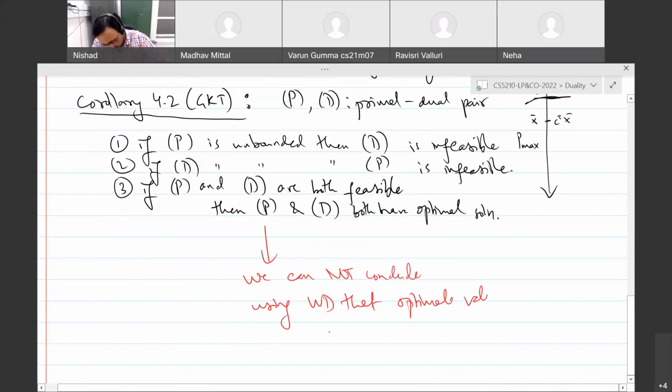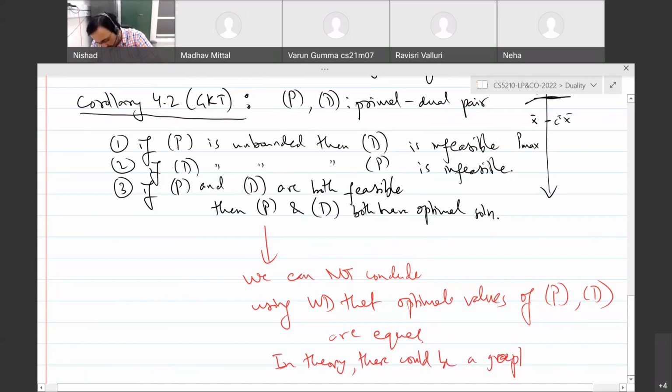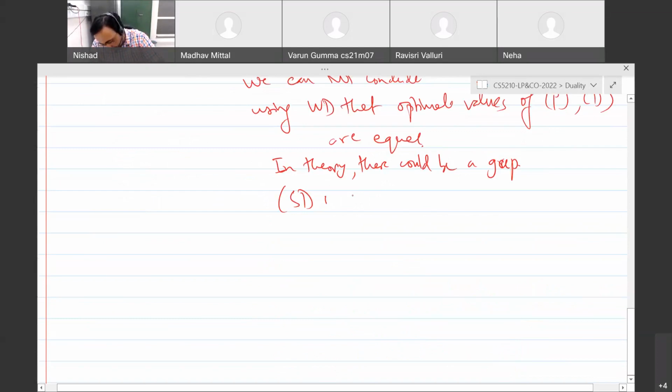In theory, there could be a gap, if we just use weak duality. But strong duality says that gap does not exist.